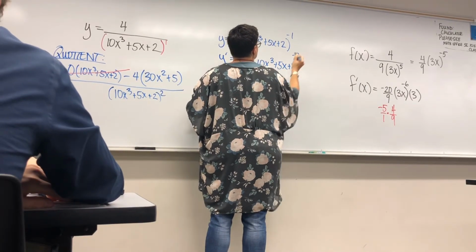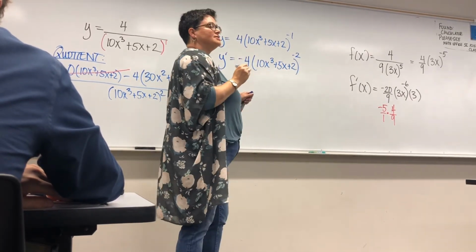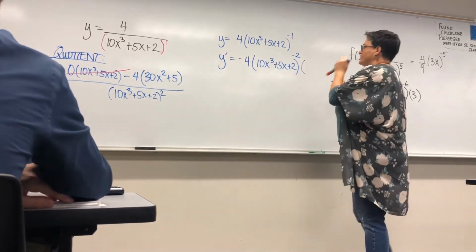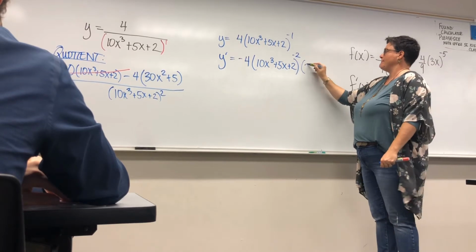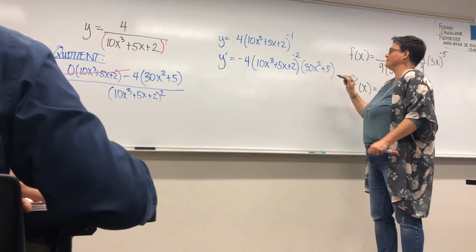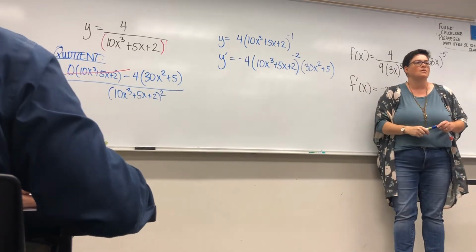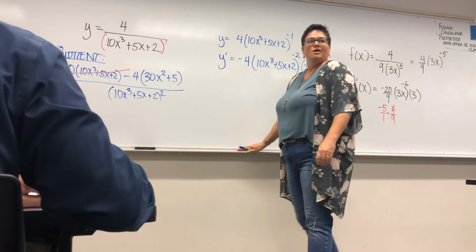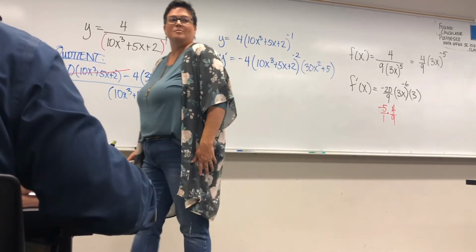Negative 4 junk to the negative 2. Now what's the derivative of the inside? I'm going to peel the outside off. 30x squared plus 5. What happened to the 30x squared next to 4? Look at it.